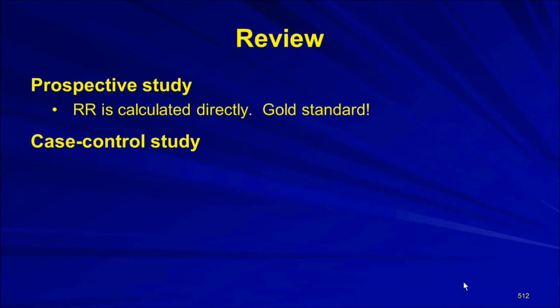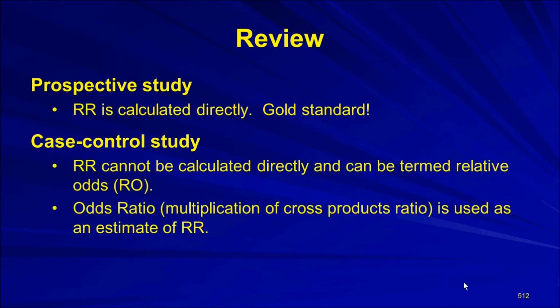Now, here's just a quick review for you. RR is calculated directly. It's a gold standard. With an odds ratio, RR cannot be calculated directly and it can be termed relative odds, although we don't calculate relative odds for a prospective study, not when you have the gold standard of relative risk.